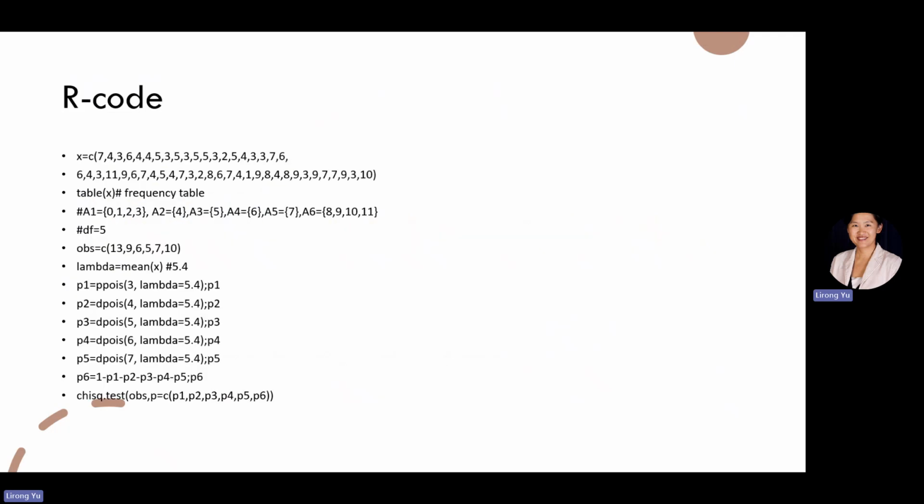And that was the example of what I did with the R coding. If you want to determine if the data fits a Poisson distribution, you have to find out the theoretical probabilities, which is what you present in P1, P2, P3, P4. And then you also have your own observations, which are already in the question statement.